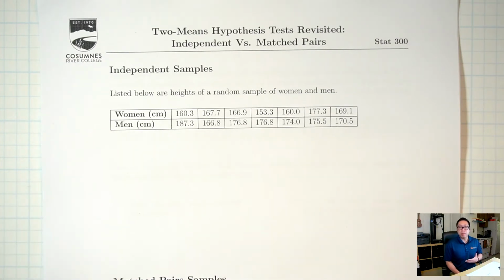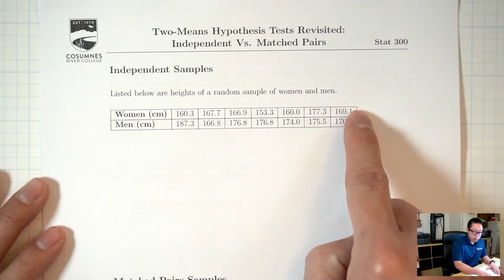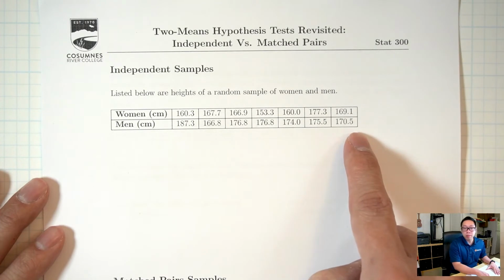And anytime you're given just the raw data, there's two situations that you have to distinguish between. The first situation is this first example. So listed below are heights of a random sample of women and men. The first row, these are heights of a sample of women. The second row, these are heights of a sample of men.